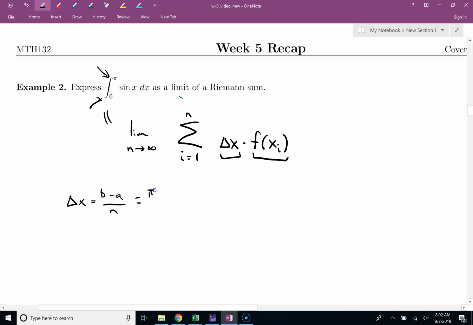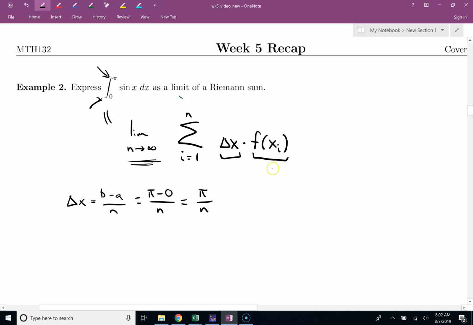So we're going to have pi minus 0 over n, and that's just going to come down to pi over n. Now remember, when you're doing the 4.1 style, when you're approximating these areas, you have very specific n values. But here, n is actually a variable. This number of rectangles, this n value, is going to be going to infinity. So I have to leave it just as n for the time being.